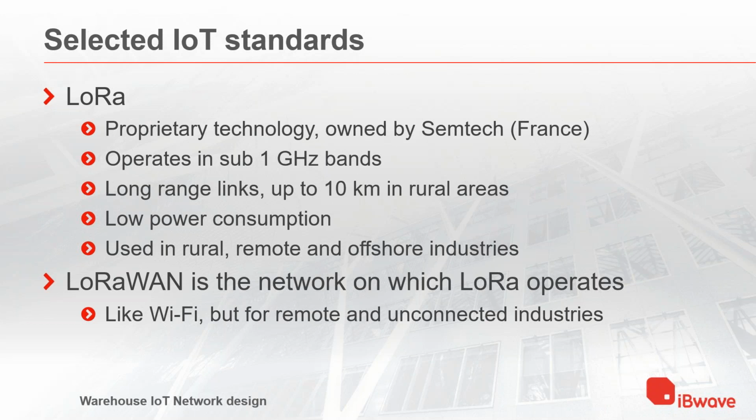What it really means is that the noise floor is very low, which means the sensitivity is very good, on the order of, I think, minus 130 dBm or even lower. So the path loss it can sustain is very high. And if you are in a remote area, where there are not that many obstacles, that signal can propagate very, very far. That is the reason why this technology has seen some success in those particular industries.